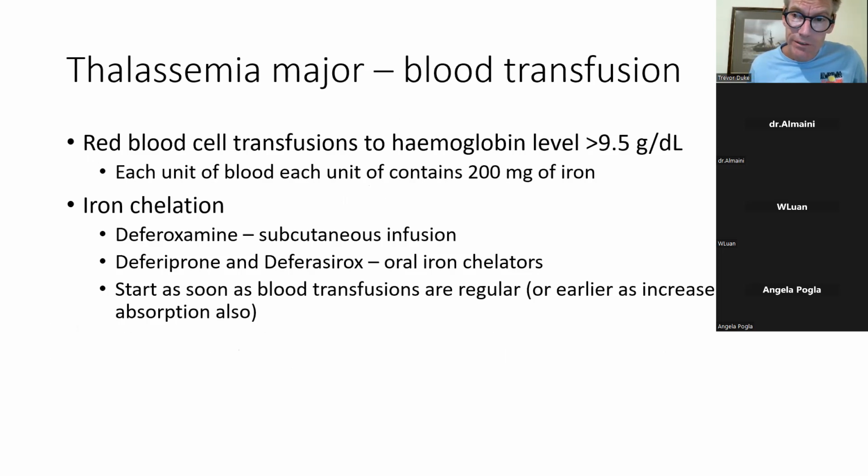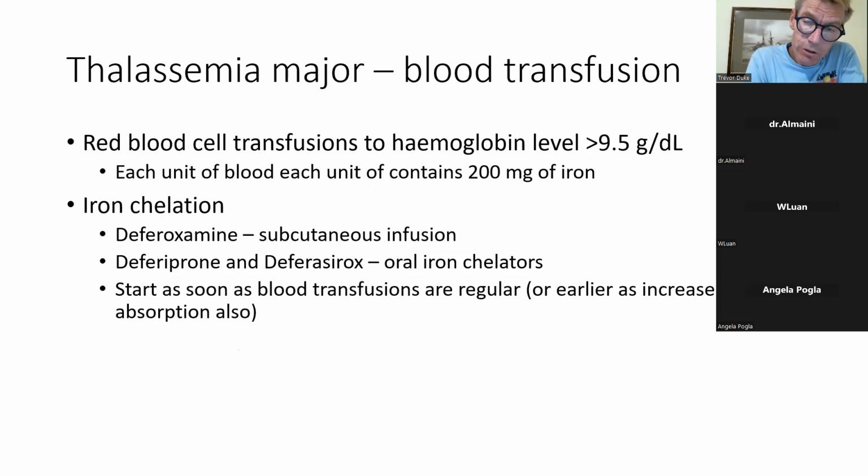The treatment for thalassemia has improved, I'd say, over the last 20 years. Obviously there's many different ways you can treat it now, but even the basics of knowing that it's important to keep these patients transfused up to a hemoglobin above around about 10.